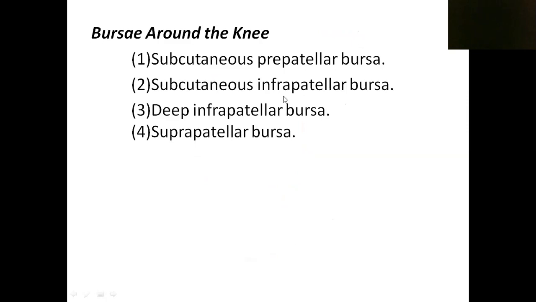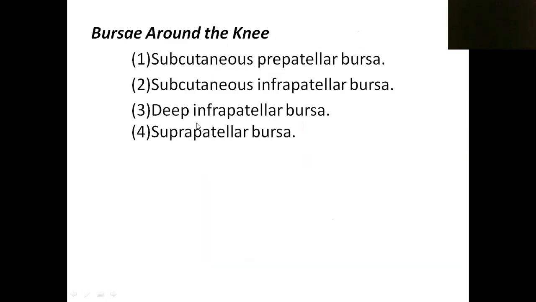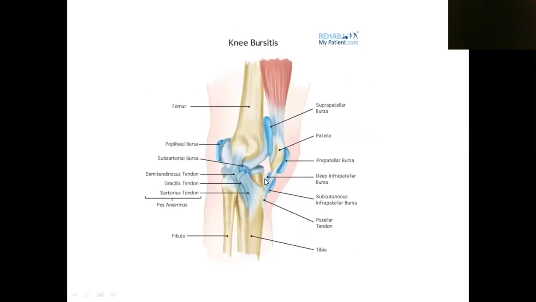Then the subcutaneous infrapatellar bursa. Infra means below the patella. So prepatellar, then infrapatellar bursa. Then the deep infrapatellar bursa. See here, this deep one, also seen below the patella.